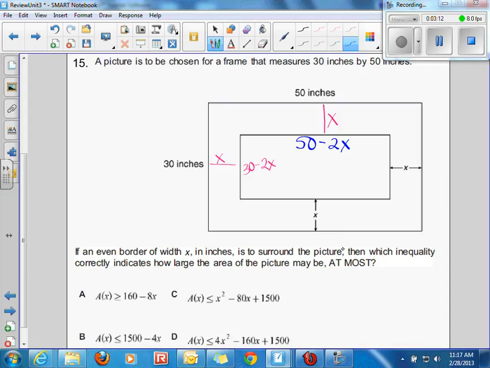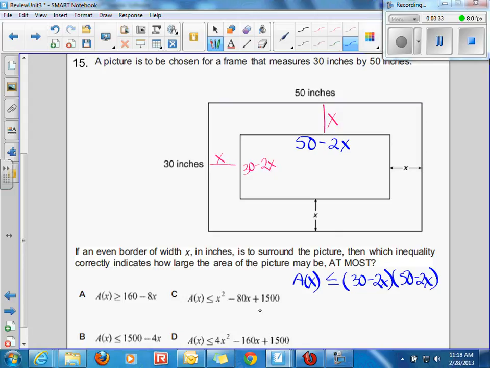So these are the true dimensions. My area has to fit within this frame. So my area, that's why they have the A of x for area, has to be less than or equal to the product of these dimensions, 30 minus 2x times 50 minus 2x.